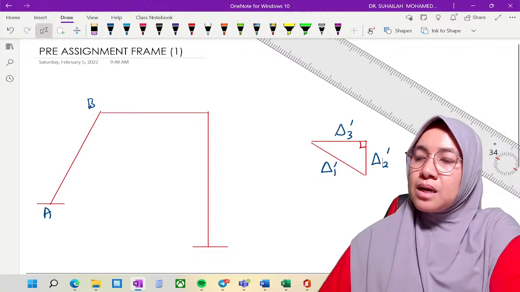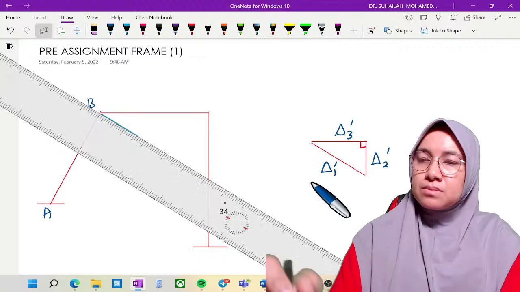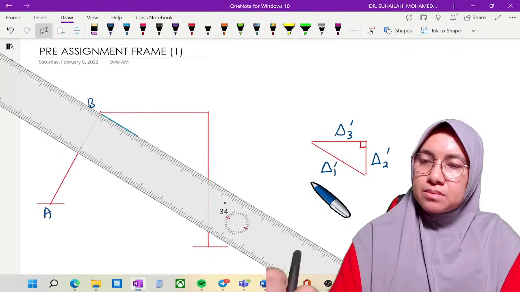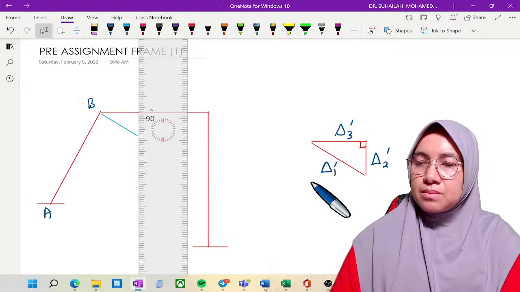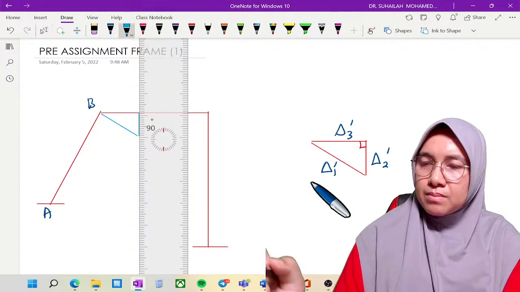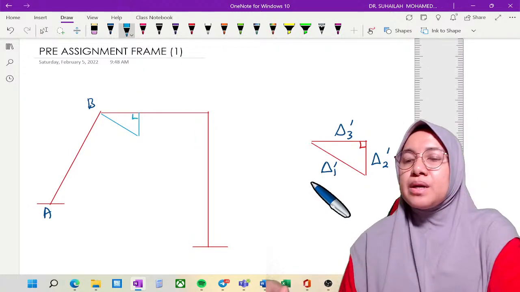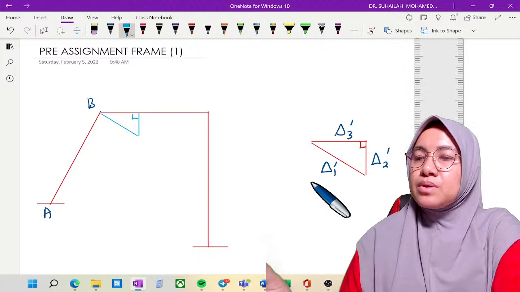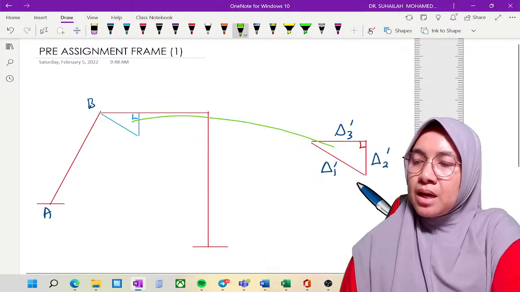So it is actually located at this position. Okay, this is the position of this triangle in the frame.